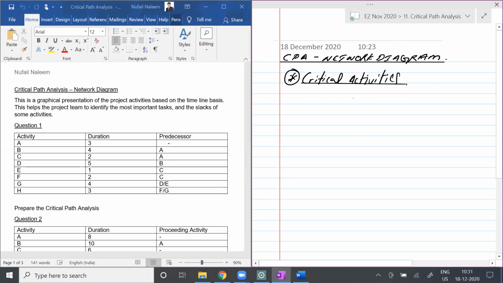Security checks are critical. But sometimes in an aeroplane there will be polythene covers, a little bit of junk from previous passengers. Is that a critical activity? Not a critical activity. Are you getting the understanding, student?